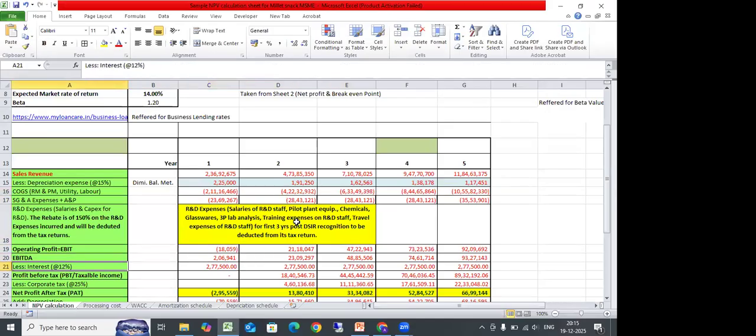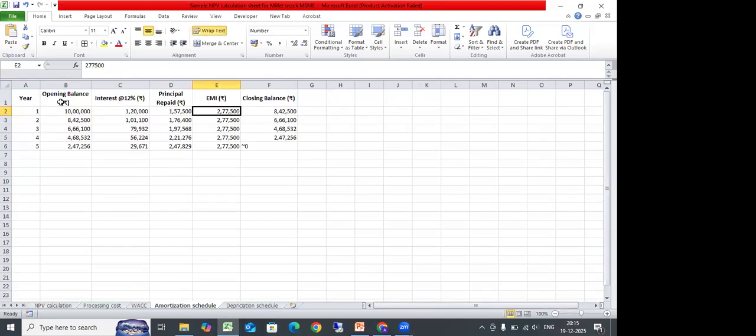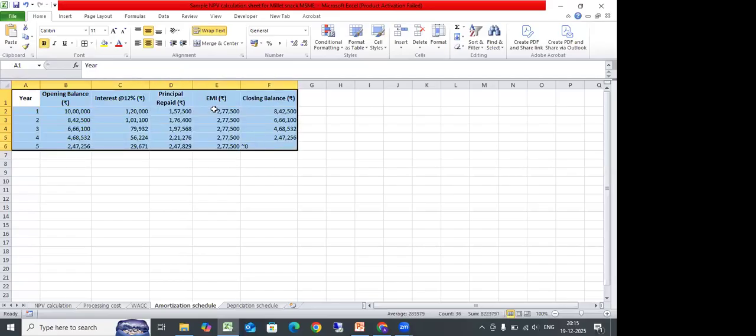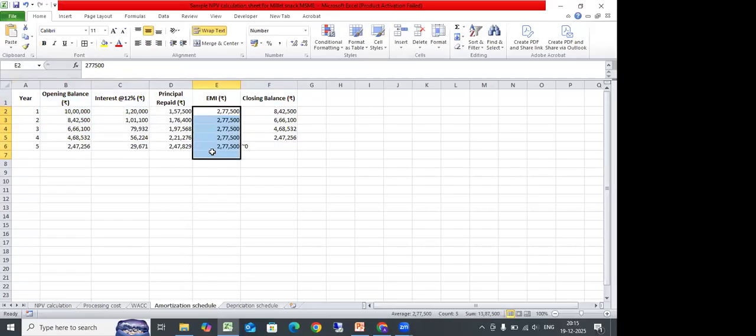Now from the EBIT, which is my operating profit, you deduct the interest, which I have taken as 12%. Basis this amortization schedule for a 10 lakh debt loan, my monthly EMI comes out to be 2,77,500.